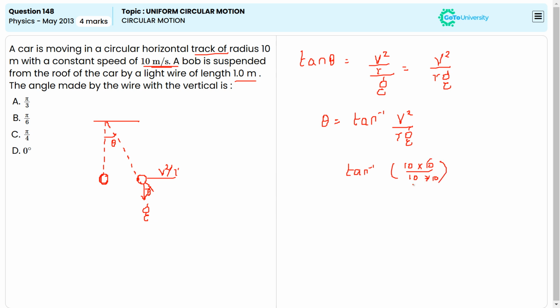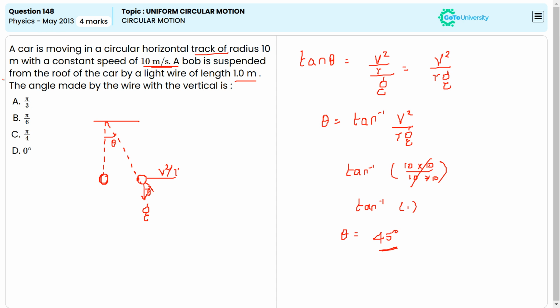Then this gets cancelled and becomes 1. Tan inverse of 1 is nothing but 45 degrees. Then theta is equal to 45 degrees is the right answer.